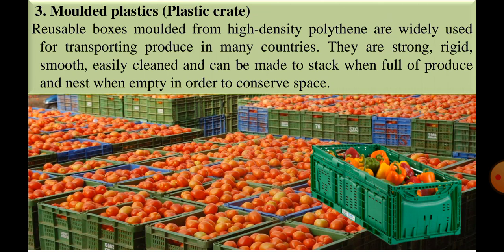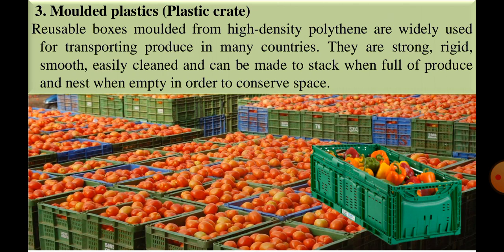Then the third one is molded plastic or plastic crates. These are reusable boxes molded from high density polyethylene, widely used for transporting produce in many countries. They can be made to almost any specification.